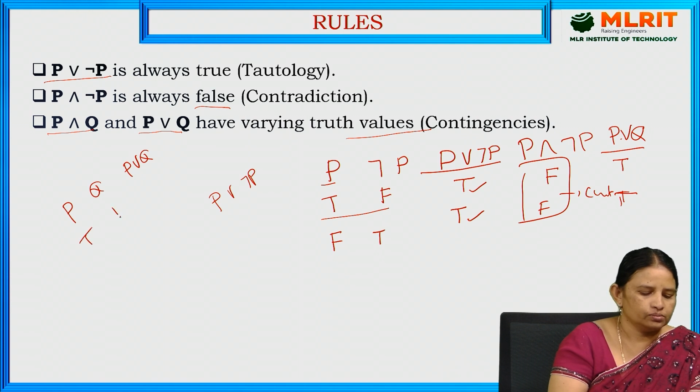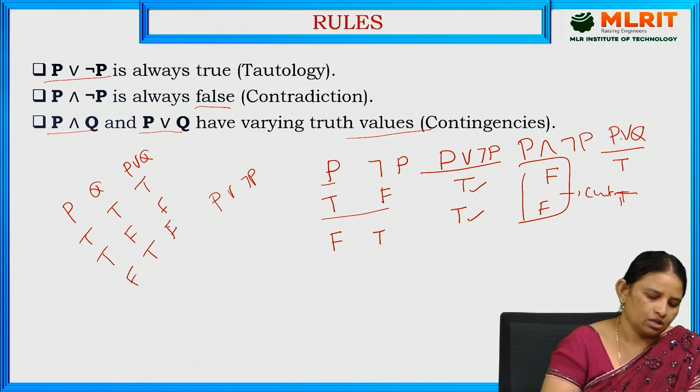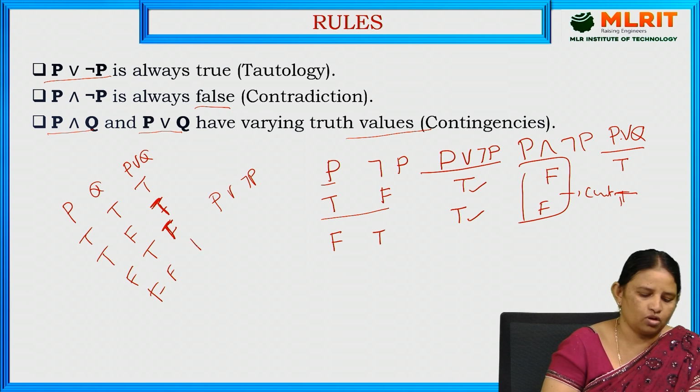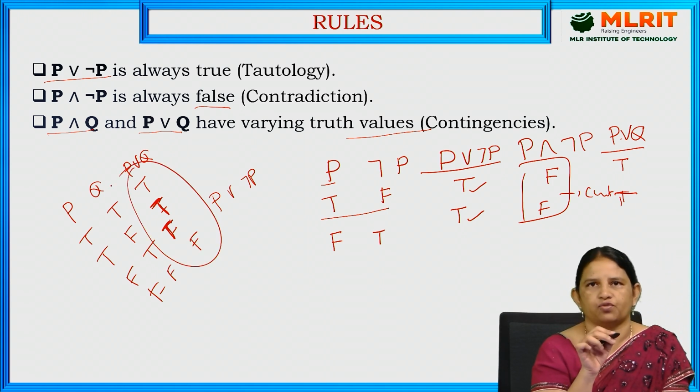True, true, true only. True, false, true. False, true, true. Then false, false is false. It consists of the combination of true values as well as false values.